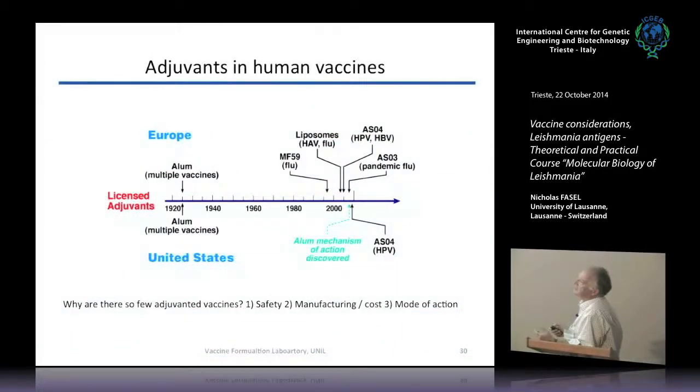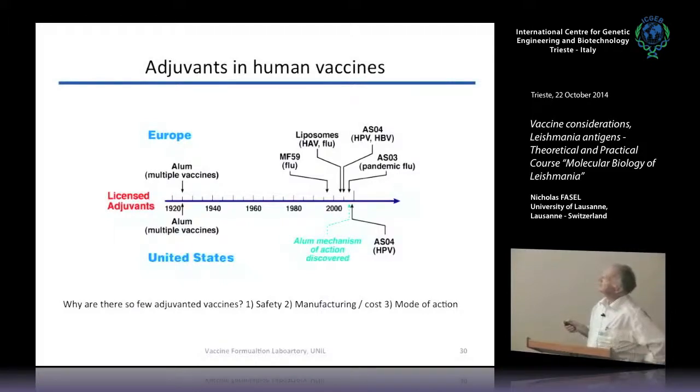I think it's quite interesting to look at the history of adjuvants. Alum is a very old adjuvant, okay? It comes from the 1930s, and until 1990, nothing else. It really came with MF59 for the flu. I'm saying used in humans. I don't mean new adjuvants that people are trying in the lab.